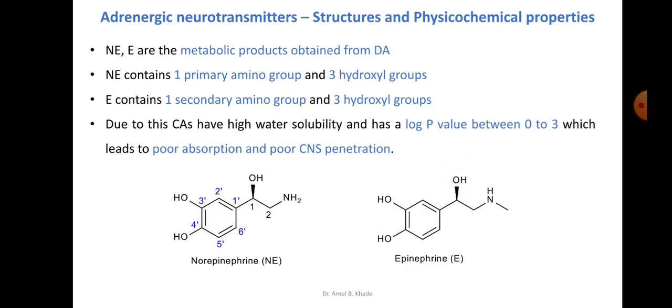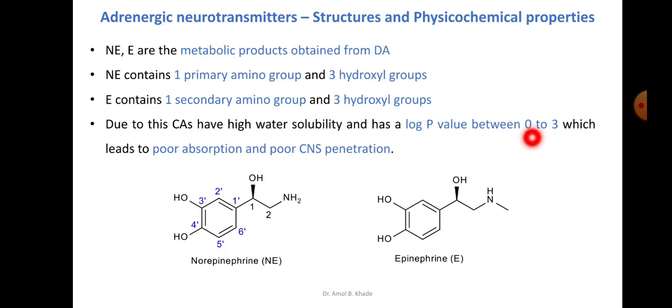Due to this, catecholamines have higher water solubility because there are three hydroxyl groups and additionally an amino group. So obviously the water solubility will increase, and that's why the log P of norepinephrine and epinephrine is between 0 and 3.